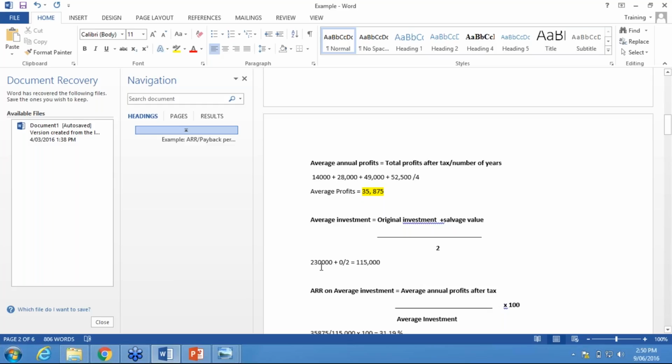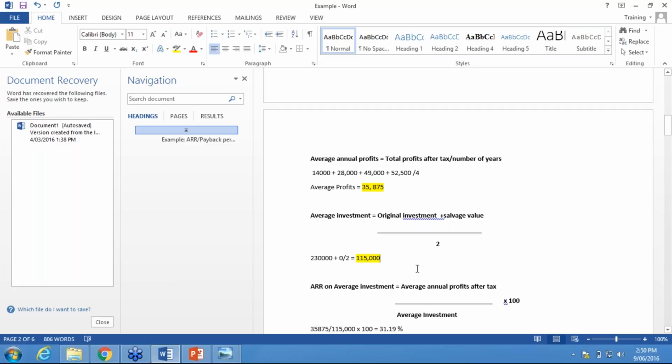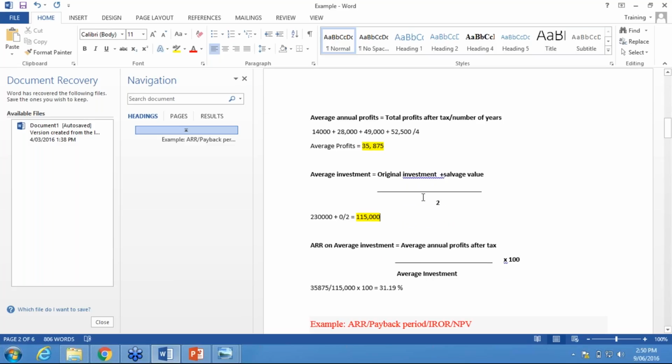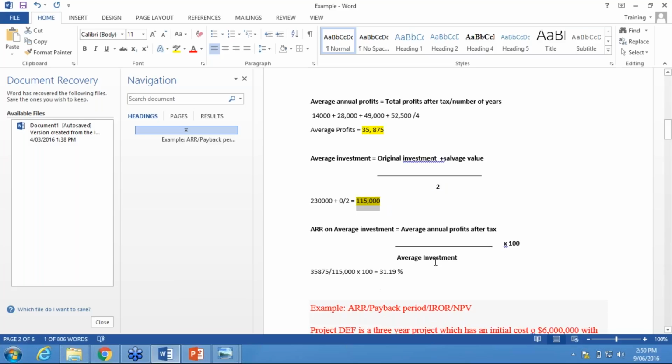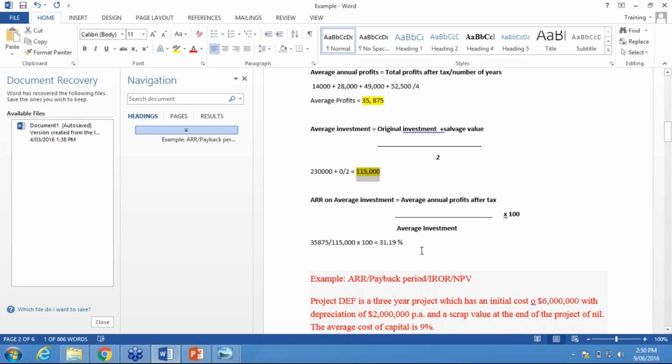Original investment, we know that is 230,000 plus 0. And of course, we have to divide by 2 in this case. So that's the average investment. And if we use the formula, average profits, that is 35,875, divided by average investment, multiplied by 100, it will give you ARR in percentage form.